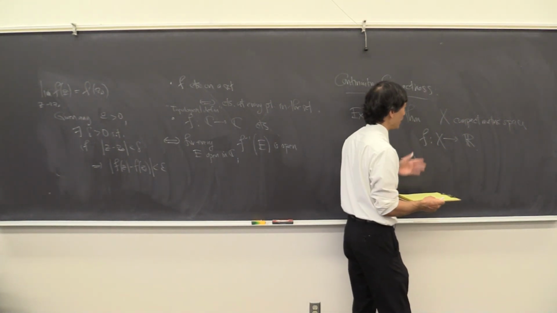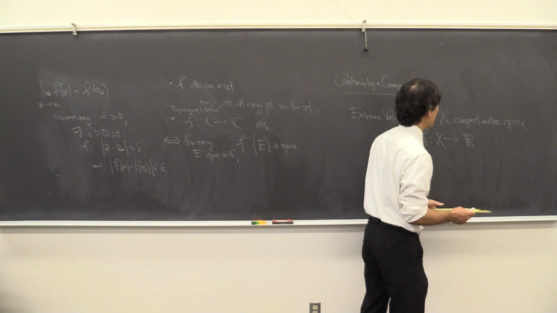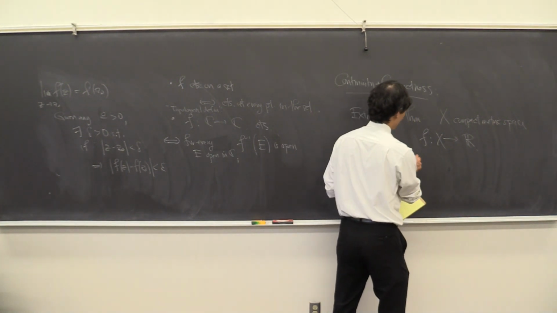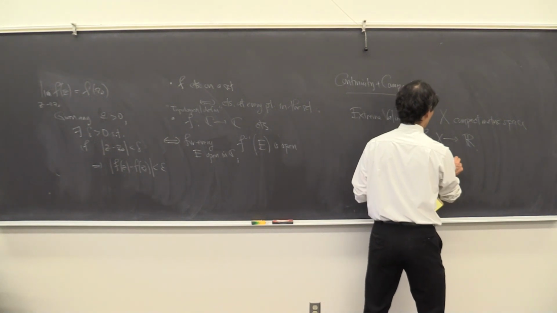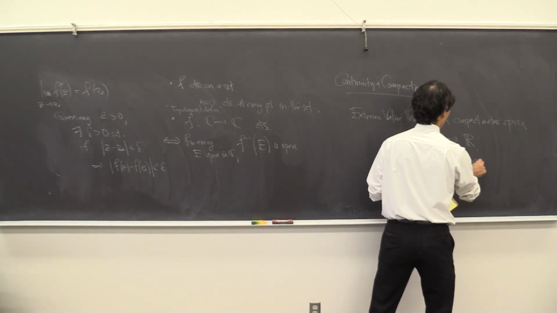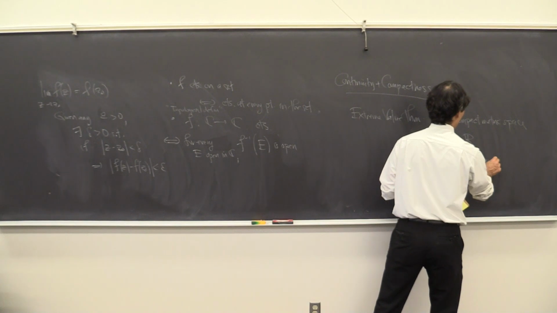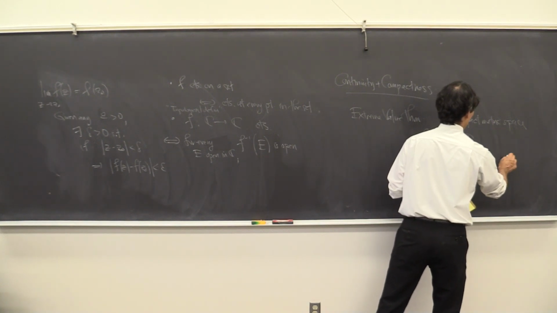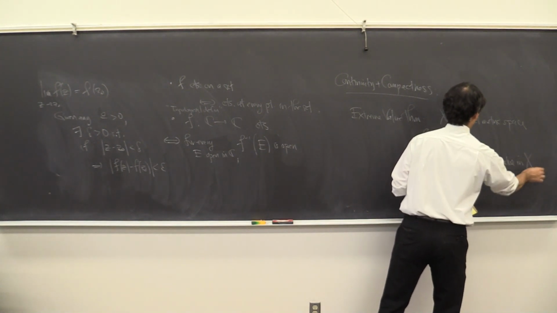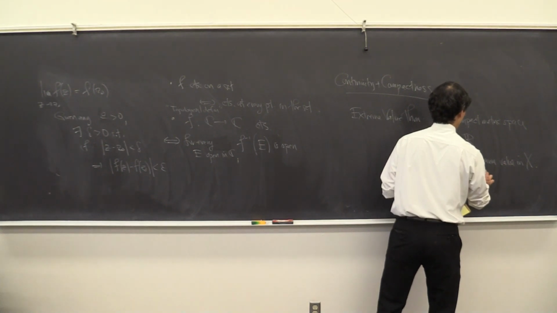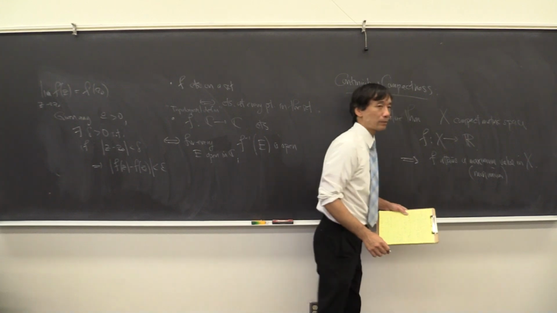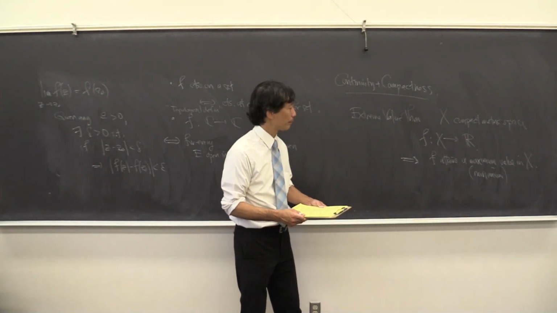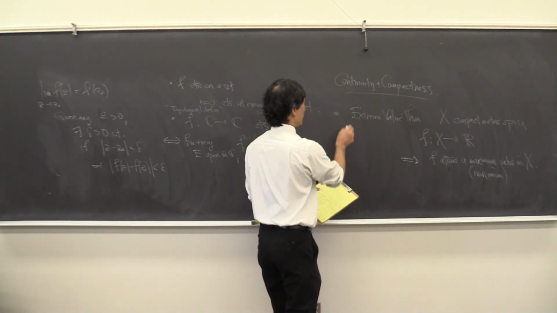So it's a generalization of your friend from calculus. So f attains a maximum value in x, and also a minimum. Right, so that's one thing we're going to need.